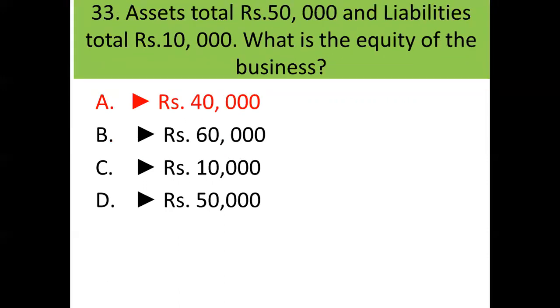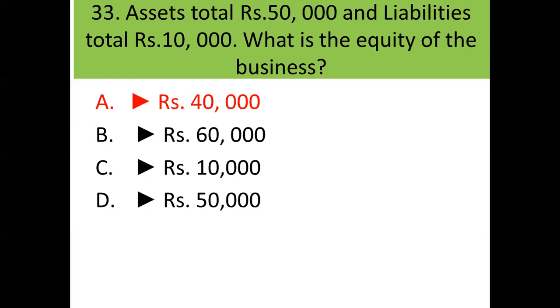Asset total is 50,000. Liability is 10,000. What is the equity of the business? As usual, asset is equal to capital plus liability, or equity plus liability, as the accounting equation states.